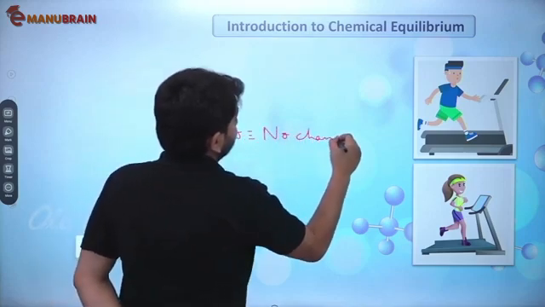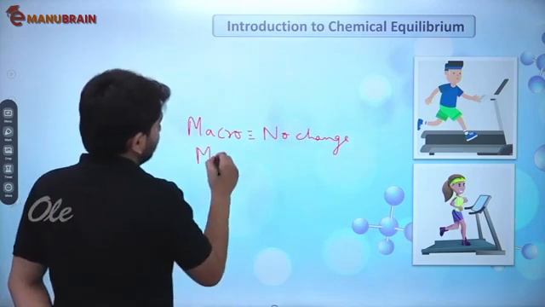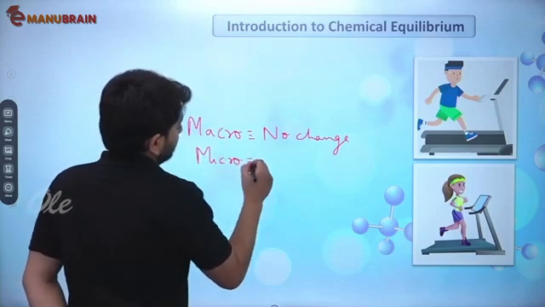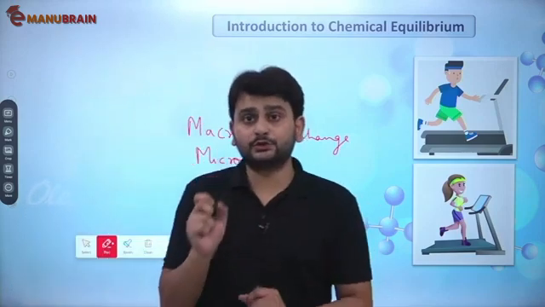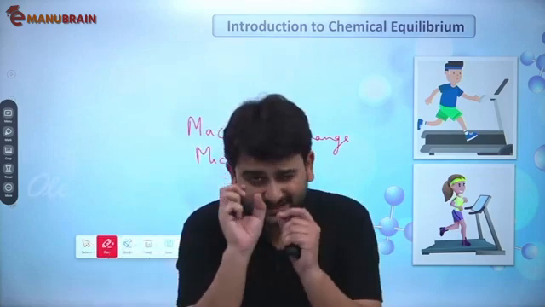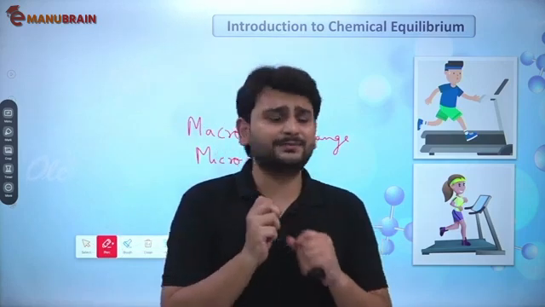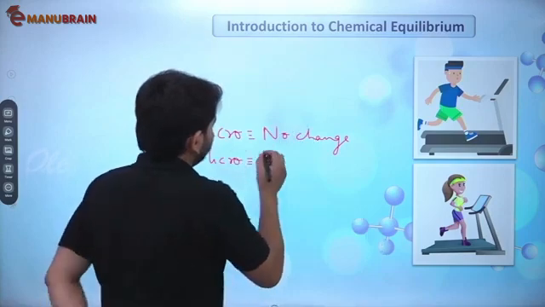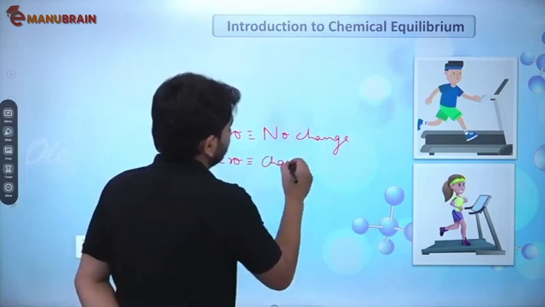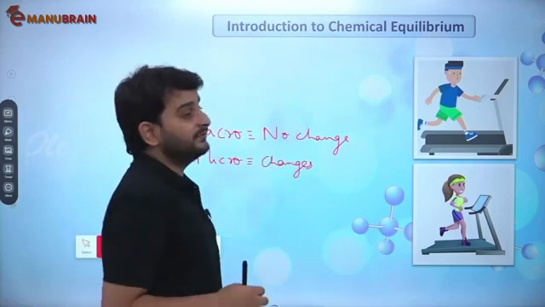But if you take a microscope perhaps and see, in the solution, are there particles colliding, are there new products perhaps forming? There will be. On a micro level there are changes, but on a macro level there are no changes.